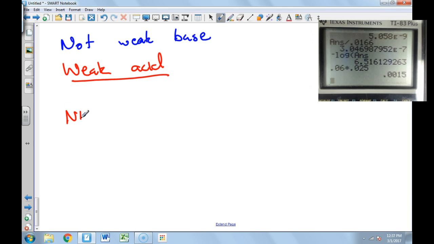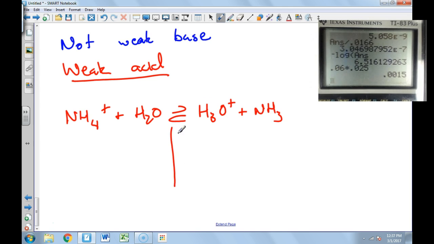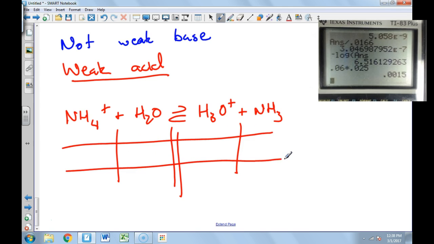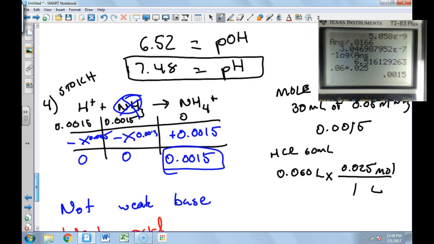So this is going to be NH4 plus plus H2O in equilibrium with H3O plus and NH3. And so now we're doing the acid part of the problem. ICE. Oh, and guess what?